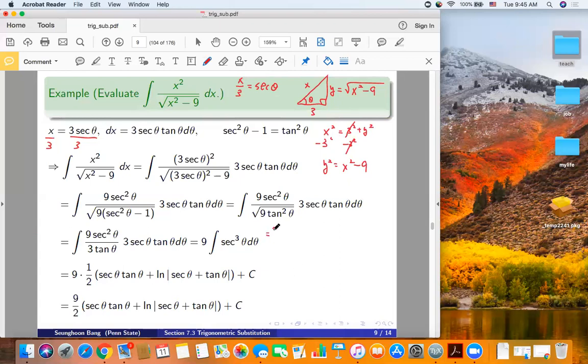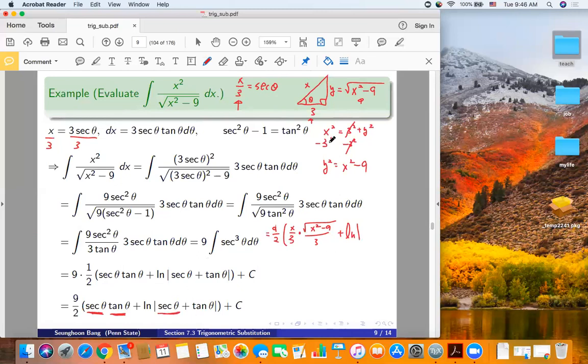So this is the same as 9 over 2 times secant theta, which is x over 3, so we have x over 3 times tangent theta. You can use the triangle: opposite over adjacent, the square root of x squared minus 9 over 3, plus ln of the absolute value of the same.